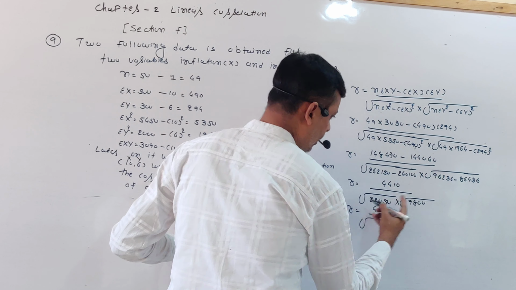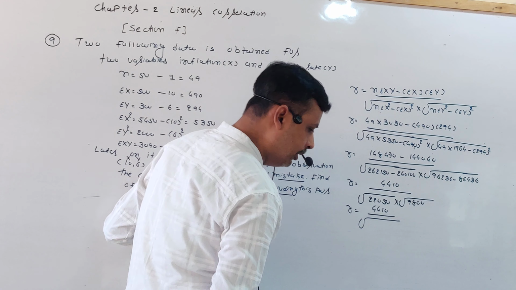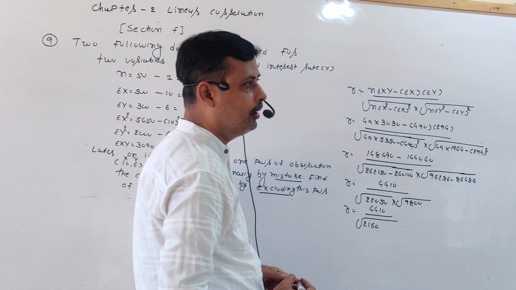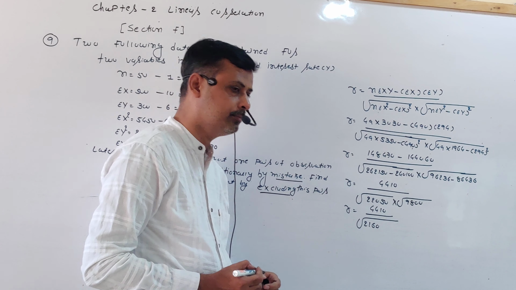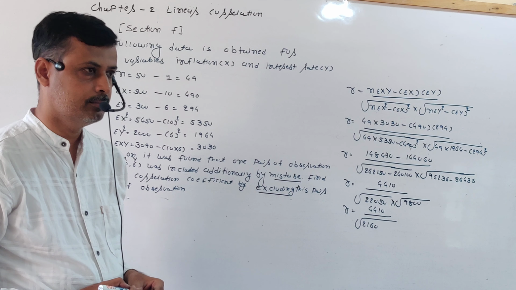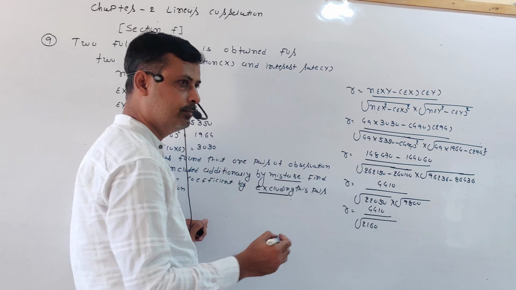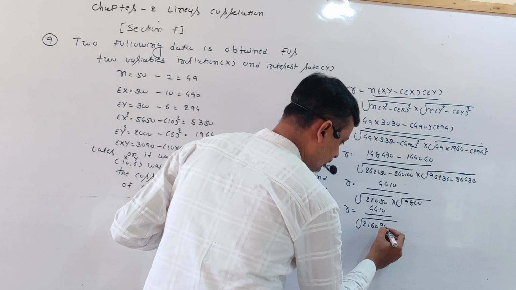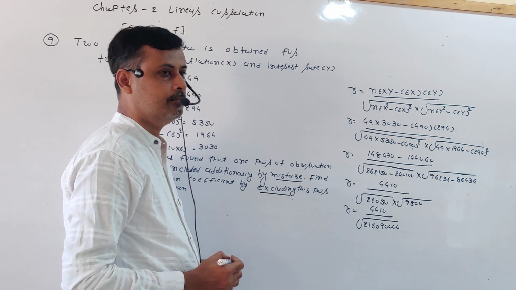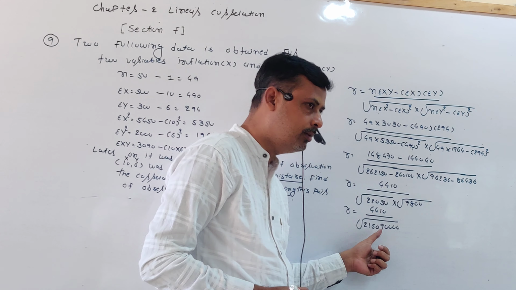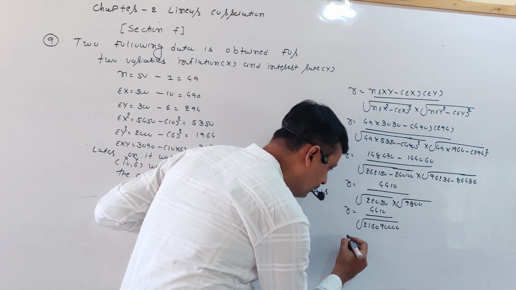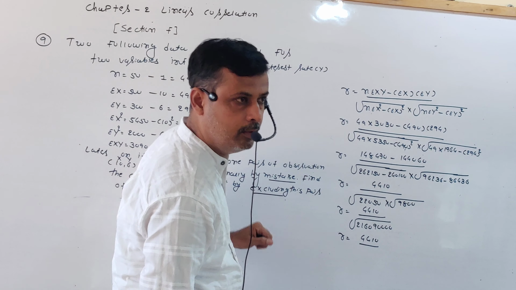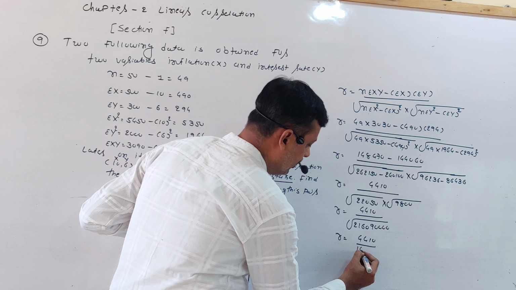Now multiply these two values and take the root, which gives 14,700.